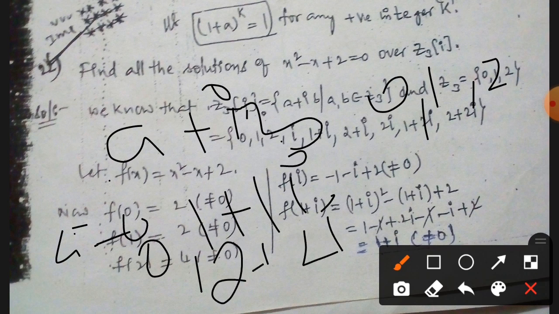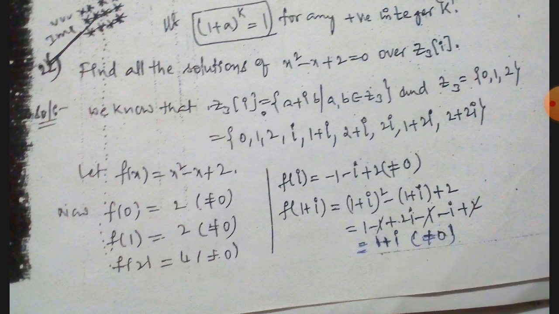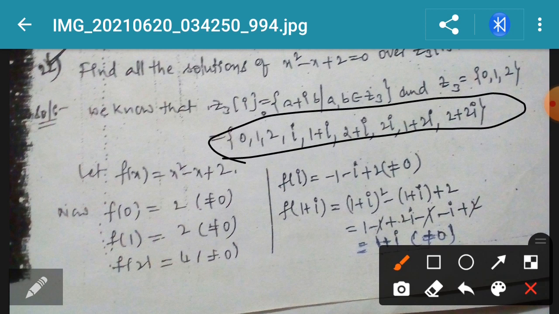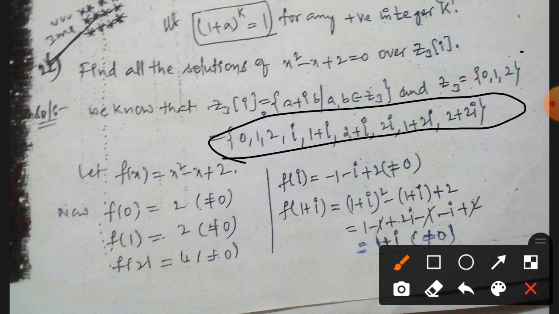How many cases are formed as solutions of Z3 of i? Using 0, 1, 2, how many choices are there?